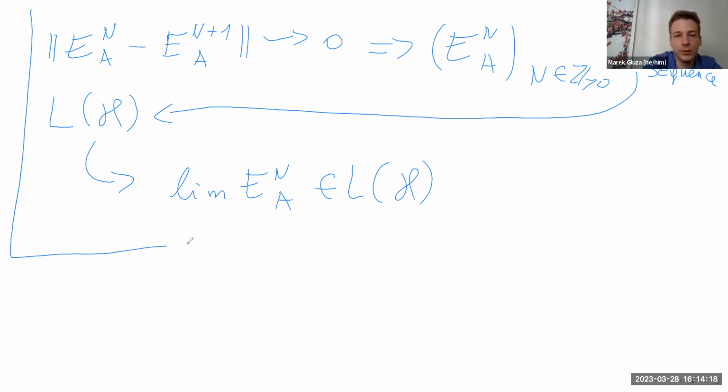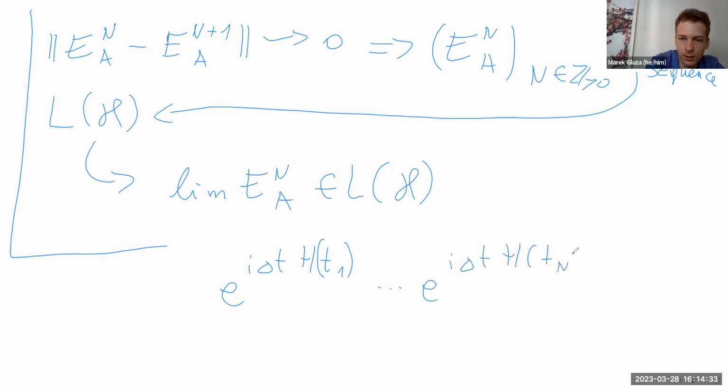Okay. Because now you think about, okay, so let me consider E, and now I will actually do this kind of notation, T1. E^{iΔT H(T_n)}.